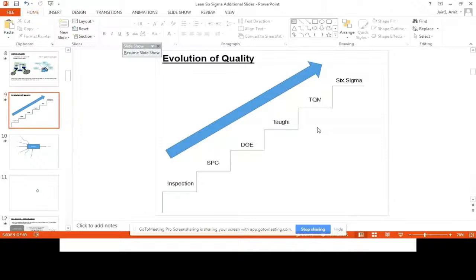So, when Six Sigma started, people were able to see that it really has impact on the bottom line, on the dollar value, because it is conceived, planned, implemented, and executed in a very special way.